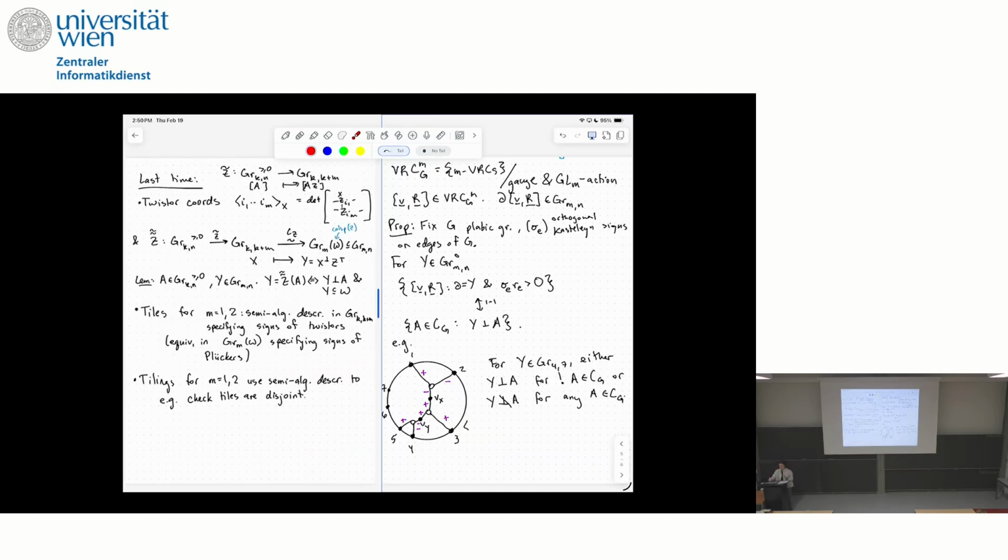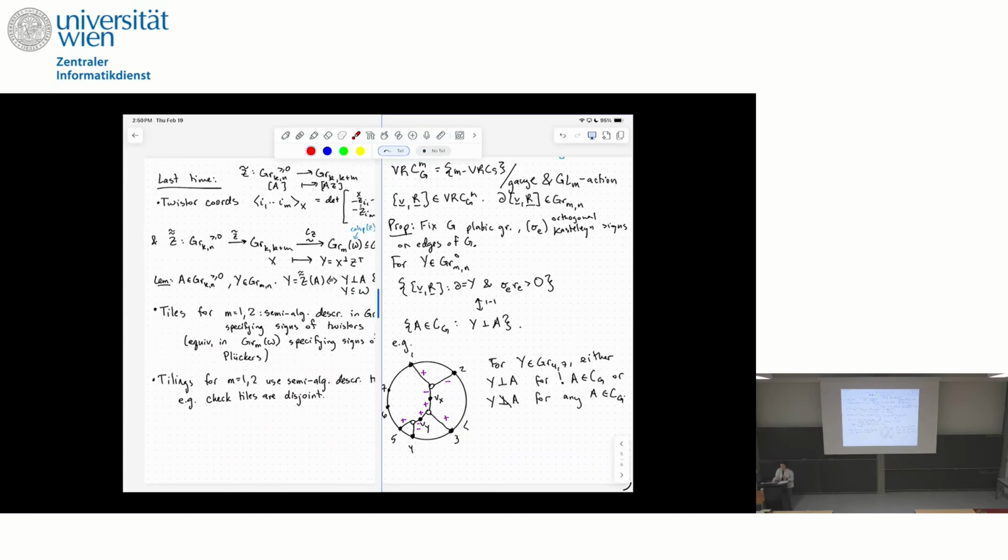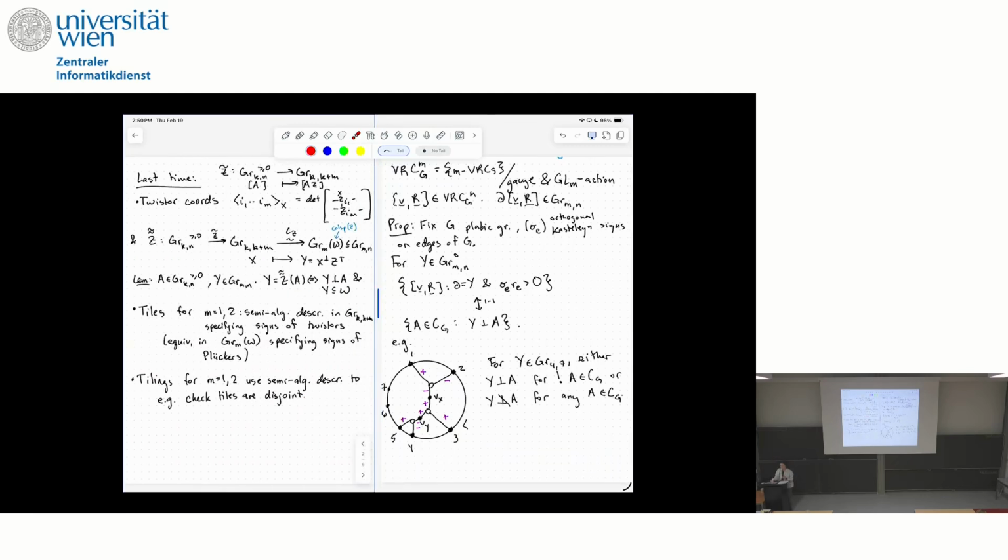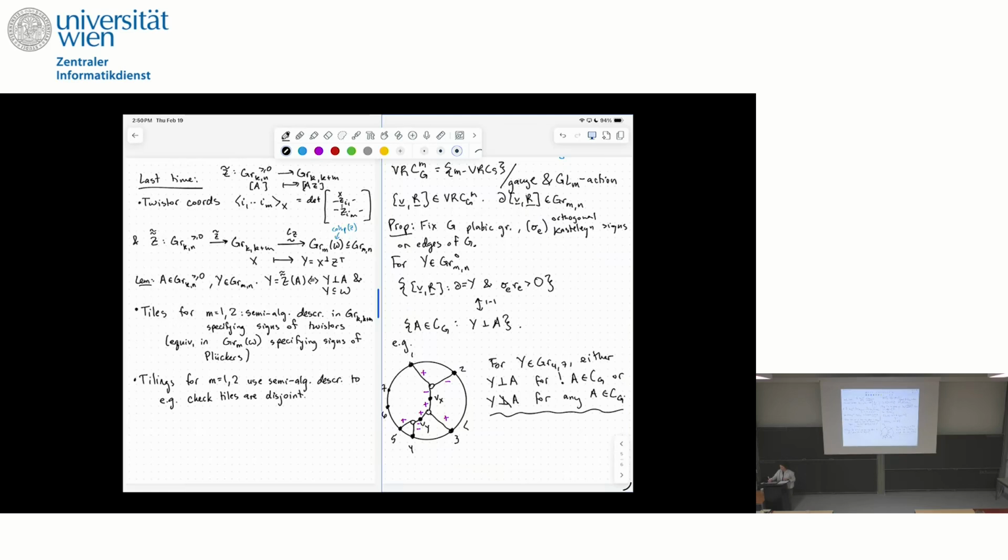We have our lemma to figure out if Y is z tilde tilde of A: all I have to check is, is Y perpendicular to A, and is Y contained in the column span of Z. So for Y in the column span of Z, either Y is z tilde tilde A for a unique A in CG, or it's just not in the image of CG under the z tilde tilde map.